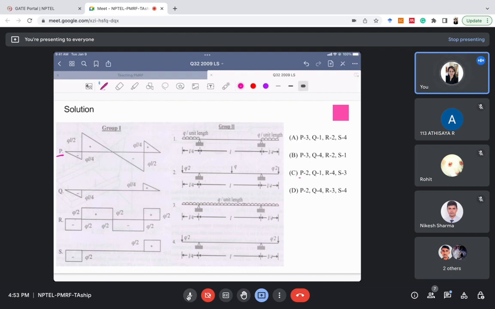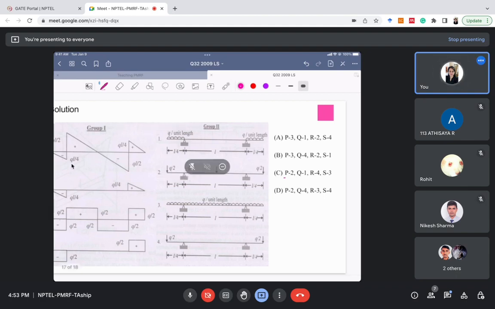Yeah, so let's see how to match P. As I've told you earlier, P matches either with 3 or with 2.